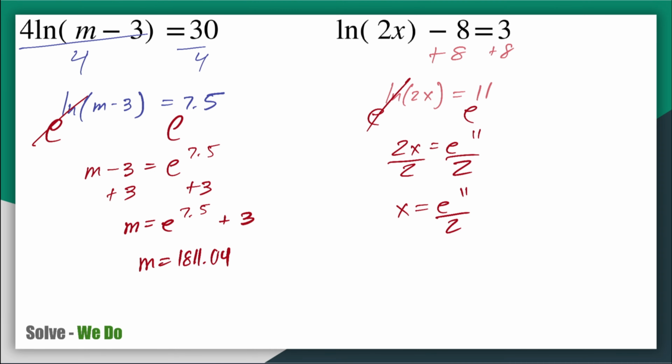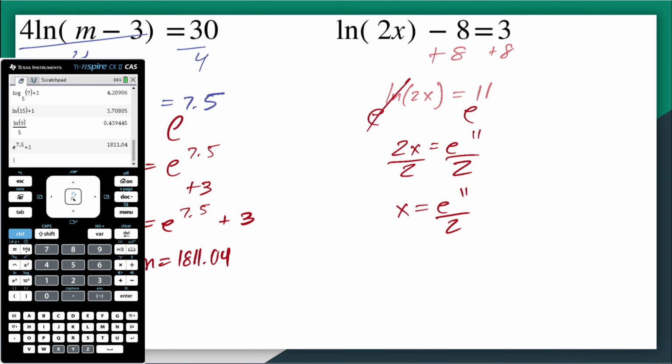So I bring up the calculator, right? And we're just taking e to the power of 11, and then dividing by 2, okay? Now it's giving me that, all right? So sometimes the Inspire calculator does not like to give me legitimate numbers.